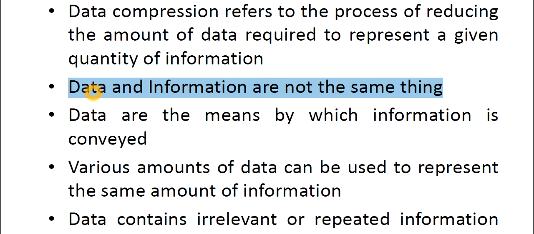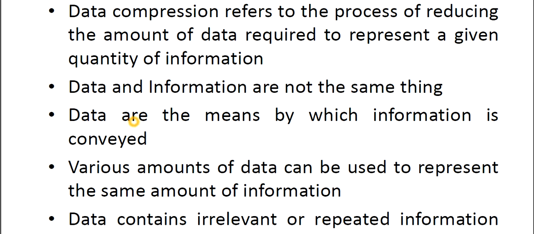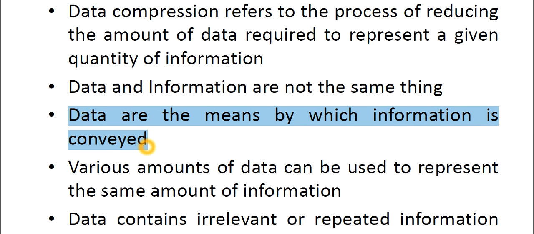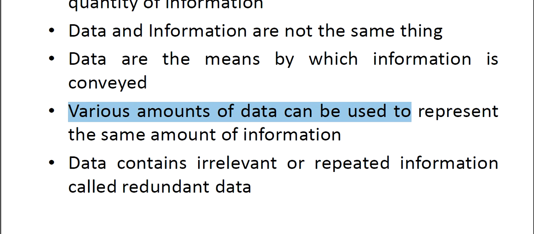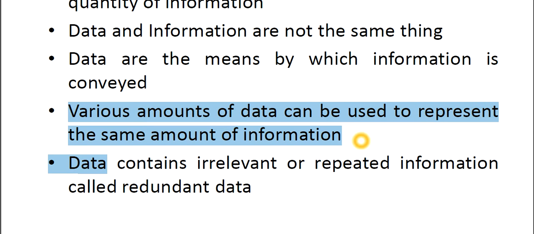I try to differentiate them through some examples, and I hope you have already attended that lecture of mine. So do note down that data and information are not the same thing. Data are the means by which information is conveyed, and various amounts of data can be used to represent the same amount of information. So that's the difference between data and information.